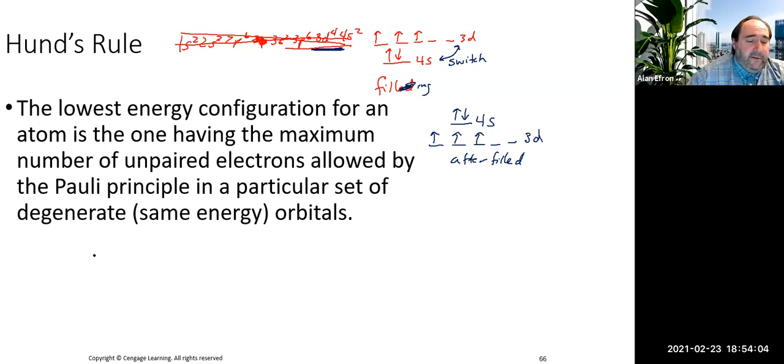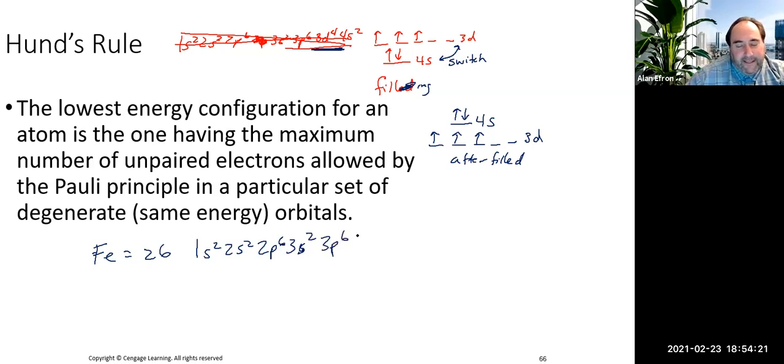For example, if we look at iron, which is number 26, and write the electron configuration for it: 1s2, 2s2, 2p6, 3s2, 3p6, 4s2, and 3d6. When iron loses 2 electrons, it has 24 electrons, and in the case of iron, it's something like this.